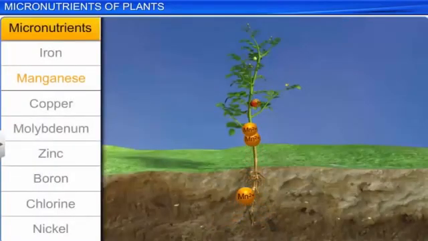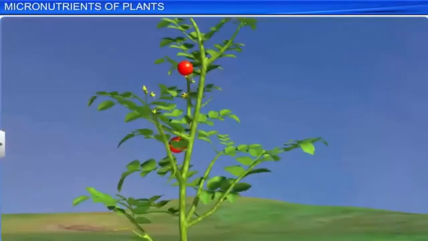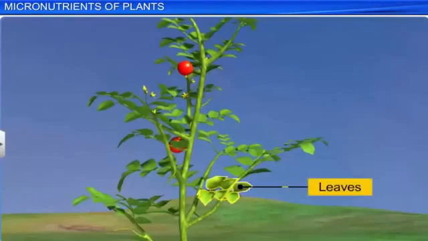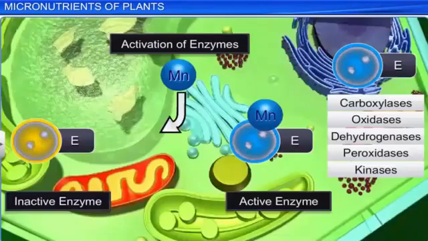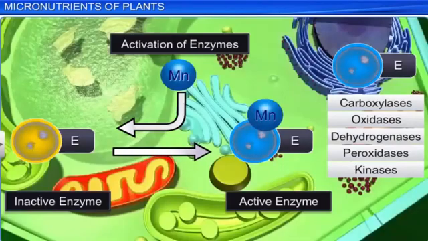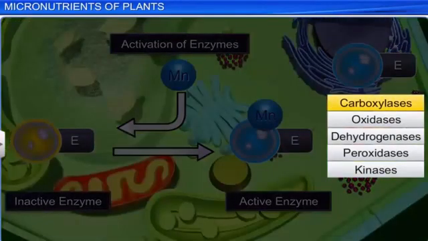Manganese is another trace element which is absorbed as manganous ions. It is required in leaves and seeds. It activates enzymes like carboxylases, oxidases, dehydrogenases, peroxidases, and kinases.